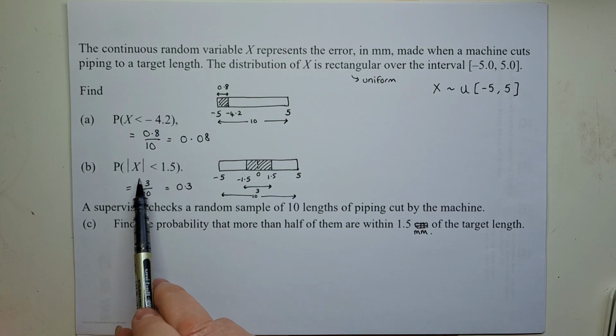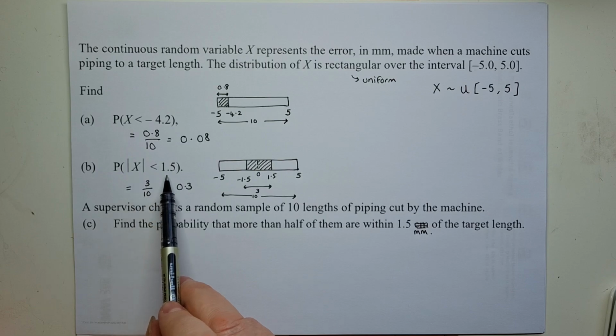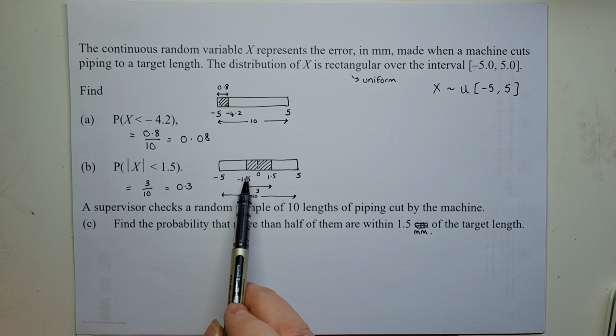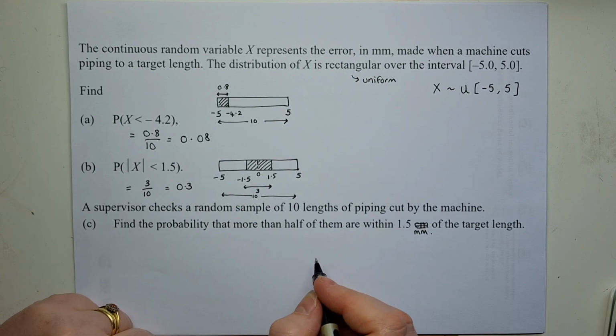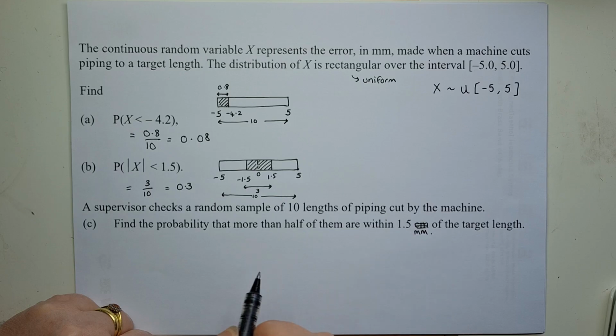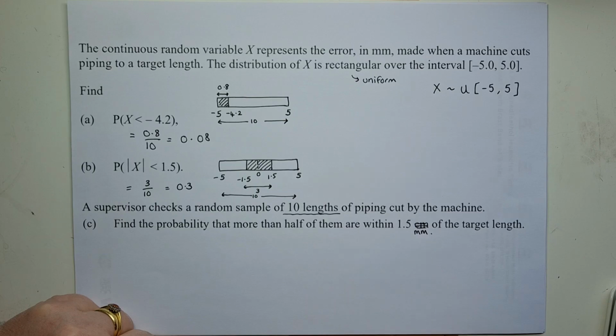So we've worked out here the probability of being within 1.5 millimetres, because that's how I explained part B. We can be either 1.5 too short up to 1.5 too long. So we know the probability of this happening for one length of pipe, but what we've now got is 10 different lengths of pipe.